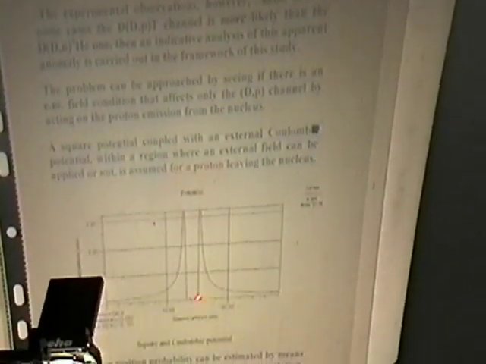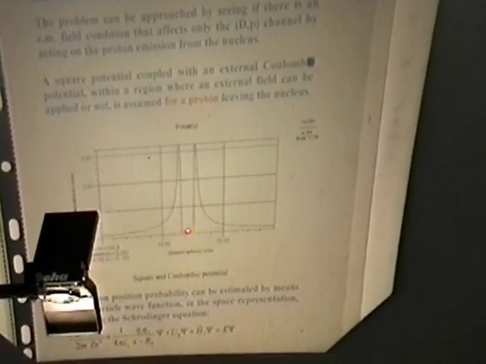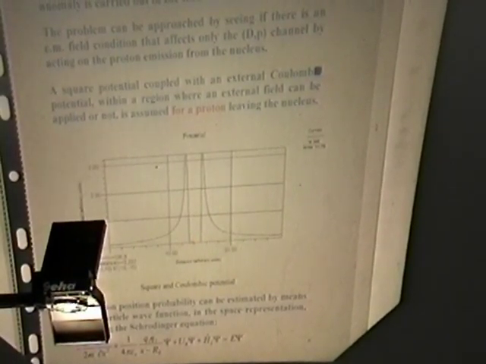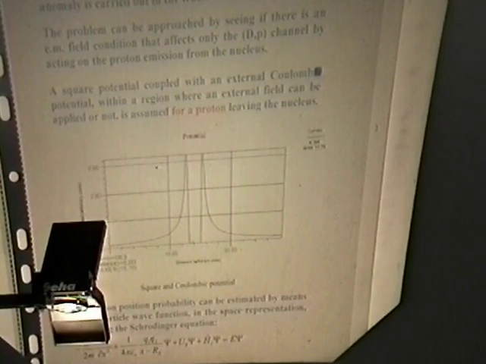this is the shape of the potential. We assume that this potential is made by a square barrier coupled with the external Coulomb potential. So this is the nucleus, and the proton is oscillating inside, and we want to see if there is some condition that can promote the channeling even for tritium in the framework of the proposed picture.